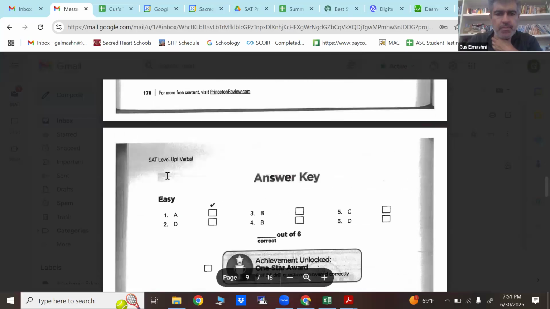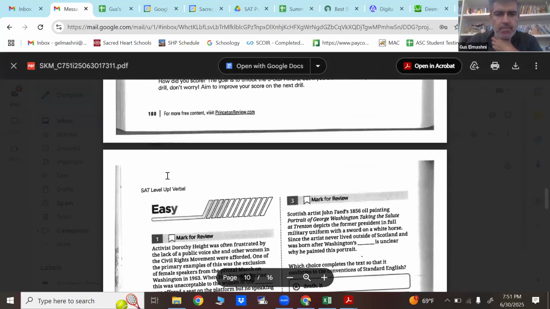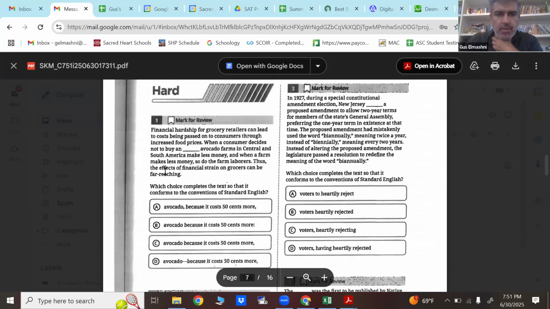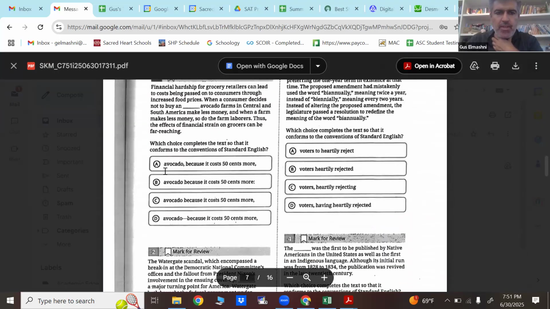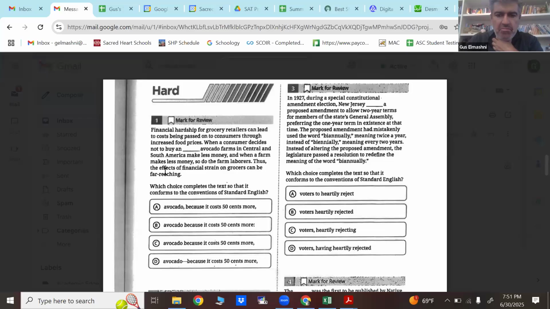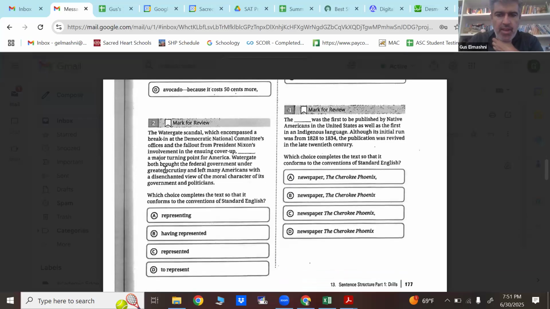I was going to briefly talk about transitions and the other stuff, but let's go and try. Okay, go to page 177 and try number 4.